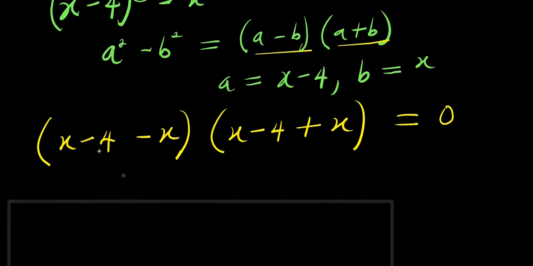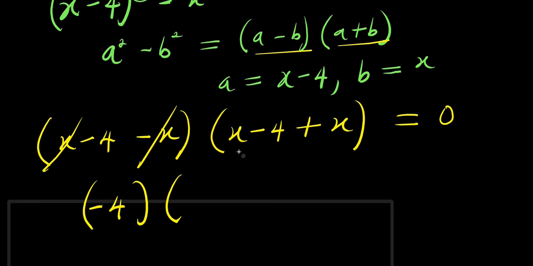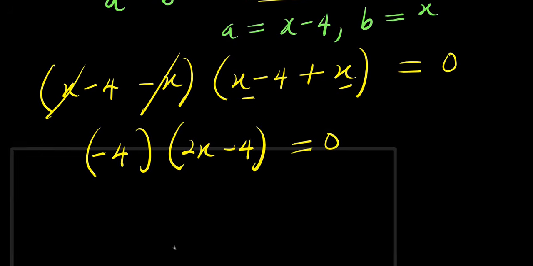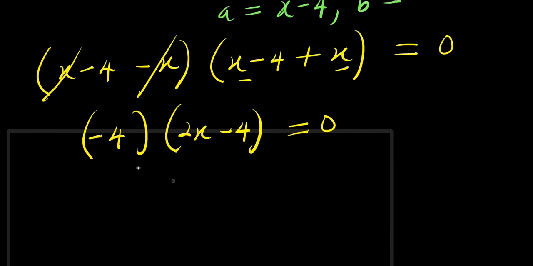So from here, this cancels this. I have minus 4 times x plus x, that is 2x plus minus 4. This is 2x minus 4 equals 0. Multiply this out. Minus 4 times 2x, that is minus 8x. Minus 4 times minus 4 is plus 16 equals 0.